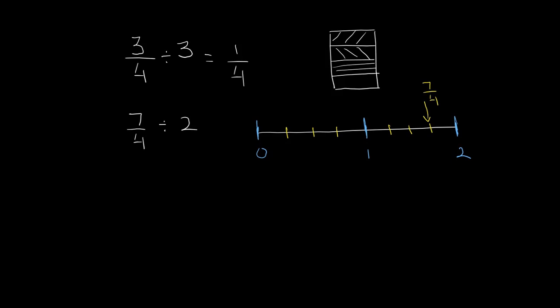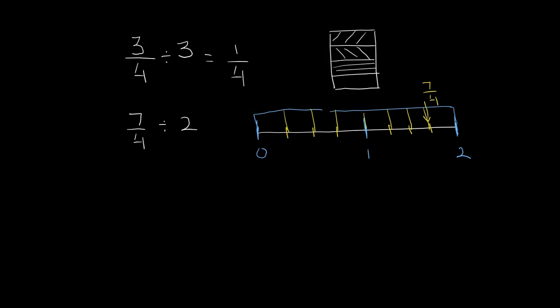So I have 7/4 of a chocolate and I want to divide it between two children. So I'll imagine that I have this chocolate, and I have these fourths, and I am going to divide.